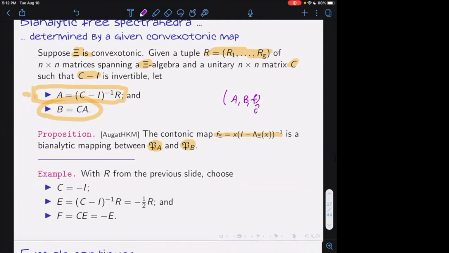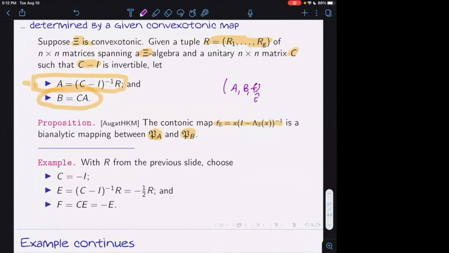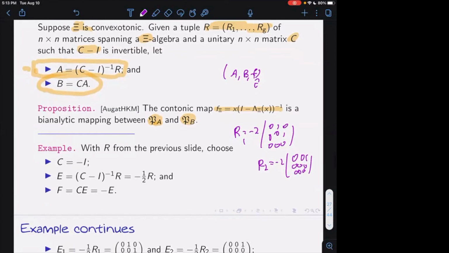Okay, and so if we look at the R from the previous slide, that was R1, R2, minus 2 times 0, 0, 1. So if we start with this R, take C to be minus the identity, and then pick E to be C minus I inverse times R, so that's minus 1/2 R. That was just the E we had from before.